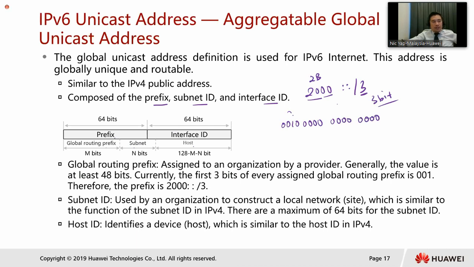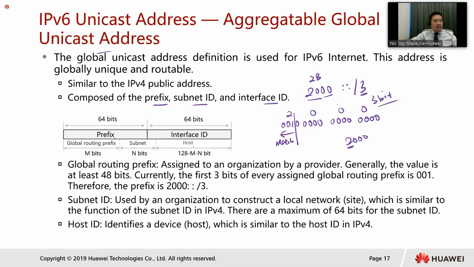So this is 2000, and the first 3 bits need to be matched. When it starts from 2000, anything starting with 2 represents that it belongs to the global unicast addresses.